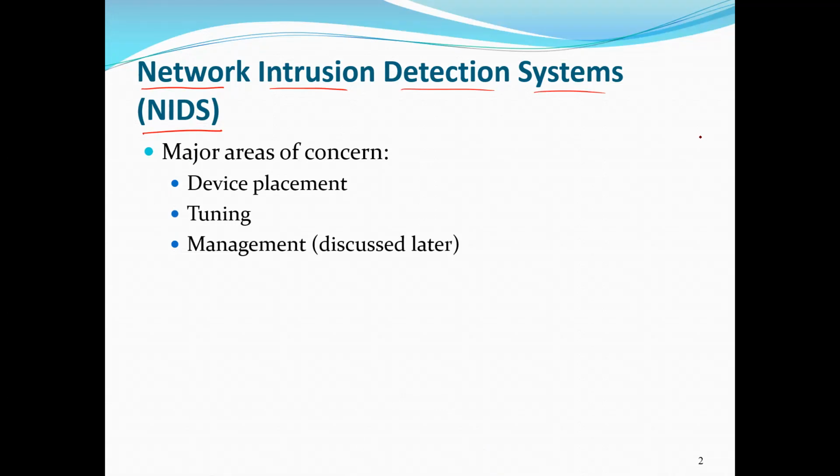As you saw in the exam, I already asked you questions about that. By understanding sniffing and spoofing, just understanding what we've been doing, you start to understand how an intrusion detection system will work.